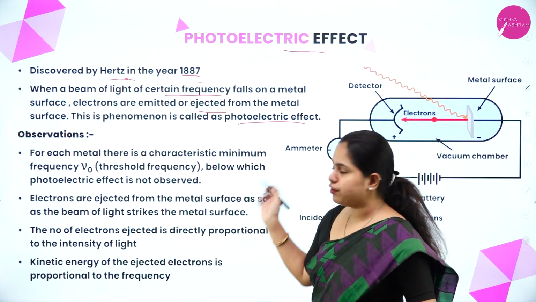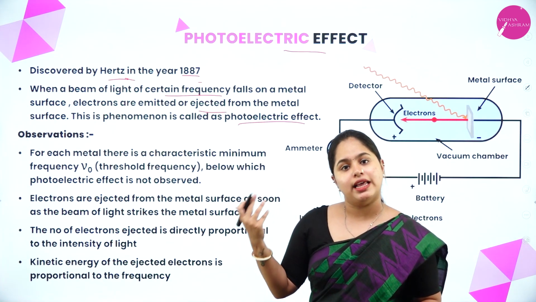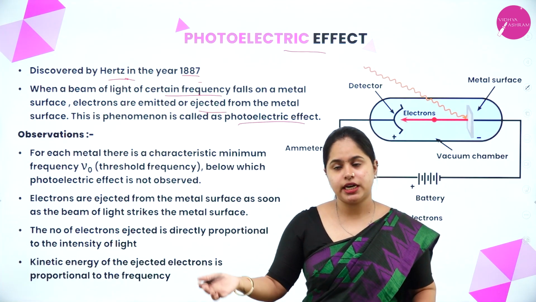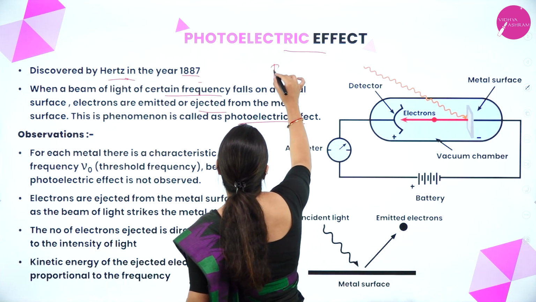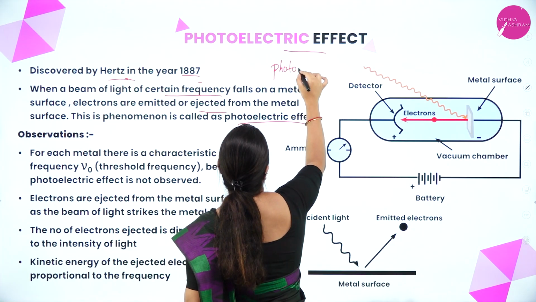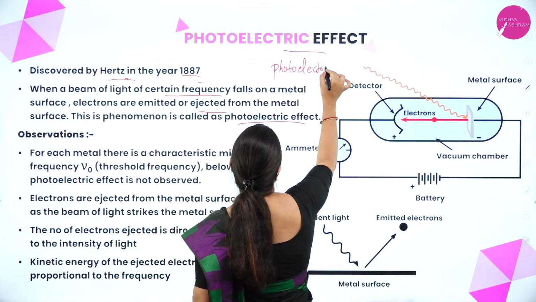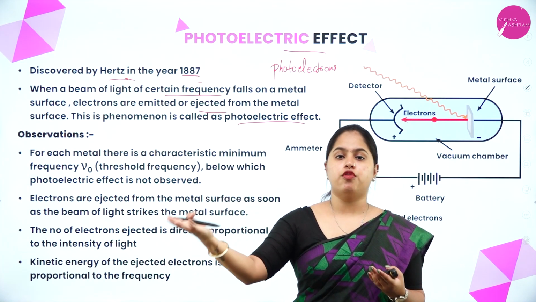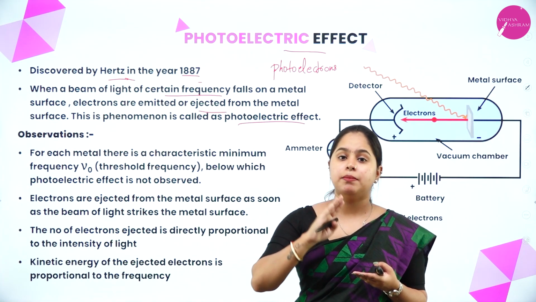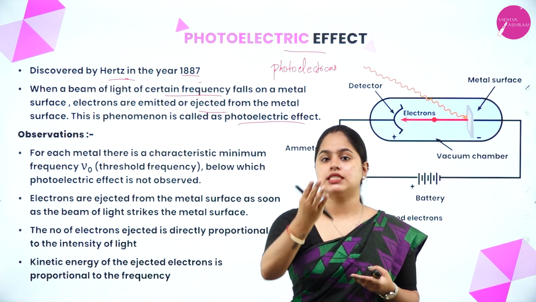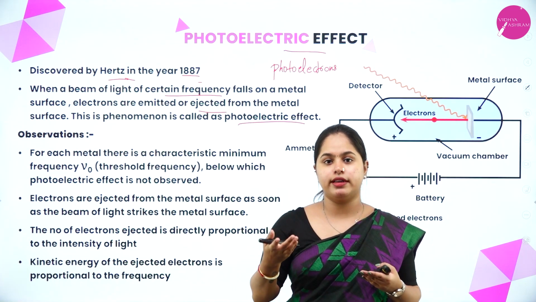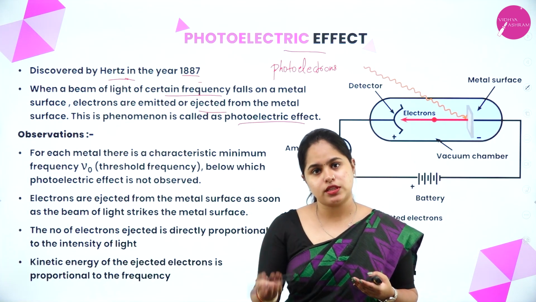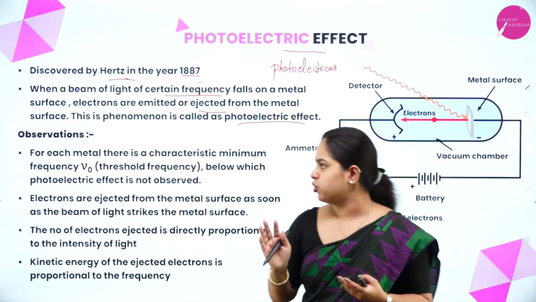That phenomenon is called the photoelectric effect, and these ejected electrons are called photoelectrons. So, what did you understand from this? When light is made to fall on a metal surface, the metal surface immediately starts ejecting electrons, which are called photoelectrons. This phenomenon is called the photoelectric effect.